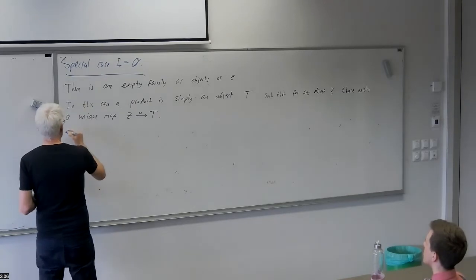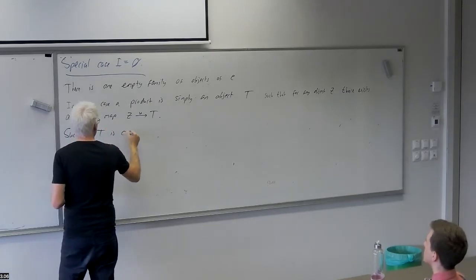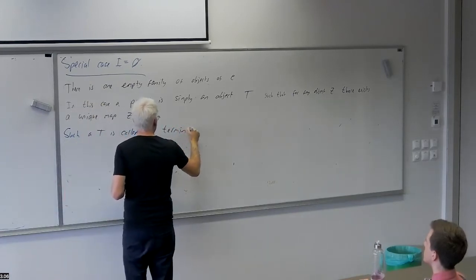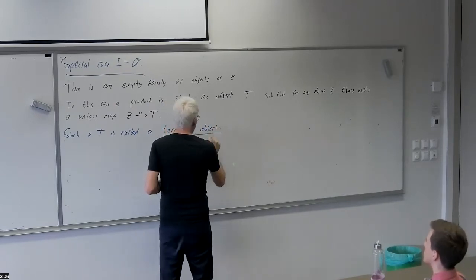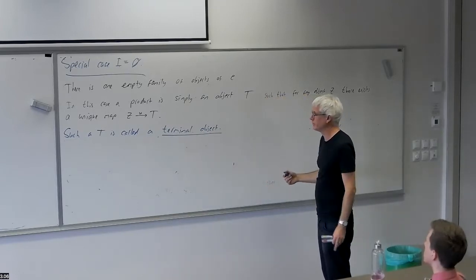So such an empty product, or such a T, is called a terminal object in a category. An object with the property that from any other object, there is only one map to that object T.